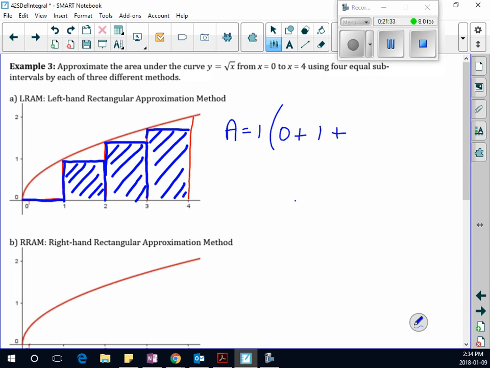Plus, what's the height of that one? Square root of 2, plus, because it's a function, you just plug it in. Then the next one would be square root of 3. Then I would just plug it into my calculator, because you can't really simplify too much here.